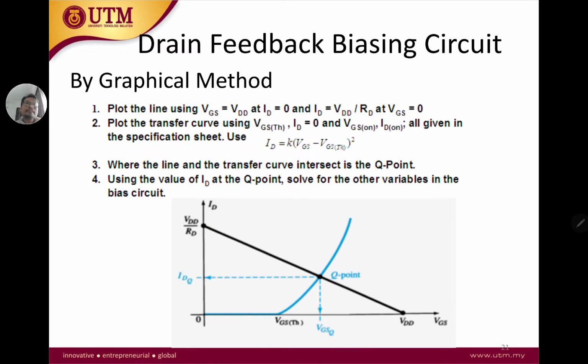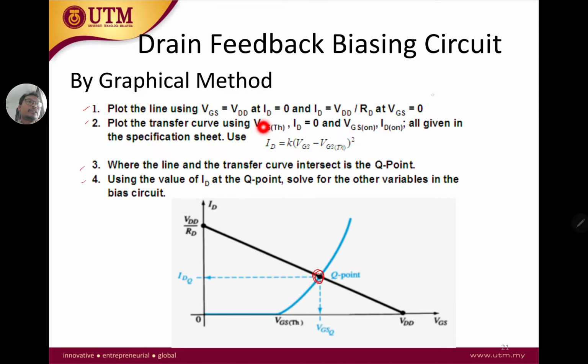Okay, so in this class, we are going to use a graphical method to find the operating points. So how to find the operating point? So here is your operating point. The goal is to find the operating point for that particular circuit configuration given some resistors, capacitors, and so on. So here are the steps 1, 2, 3, 4 that you need to remember. First of all, we're going to plot the line using VGS equals VDD at ID 0, and ID is VDD over RD at VGS equals 0.